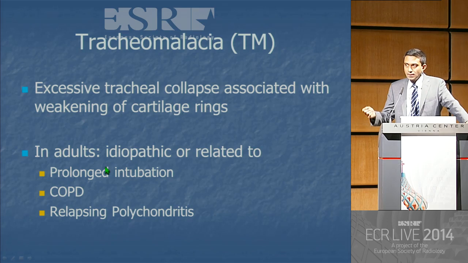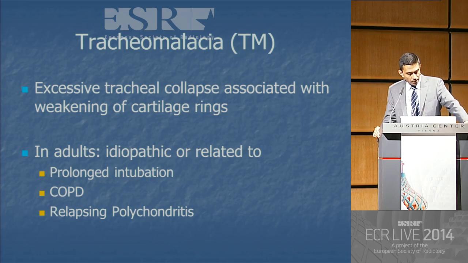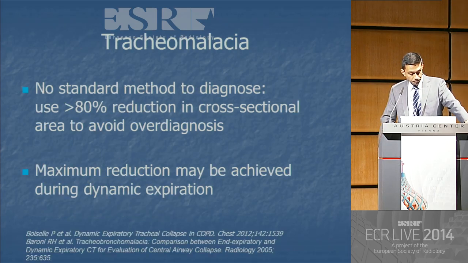It's speculated that the balloon cuff from the intubation process results in localized necrosis of the cartilaginous rings, causing the tracheomalacia. It's also seen in a condition called relapsing polychondritis, which is a rare condition, which I will touch on briefly at the end of the talk.